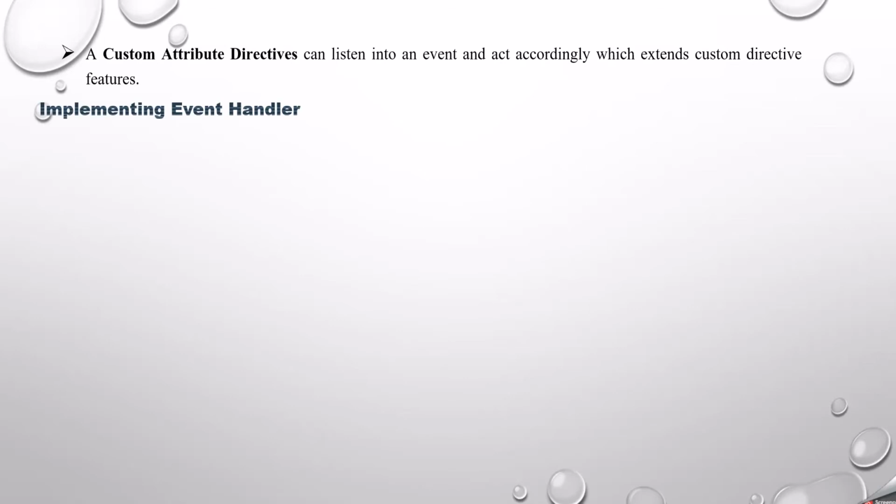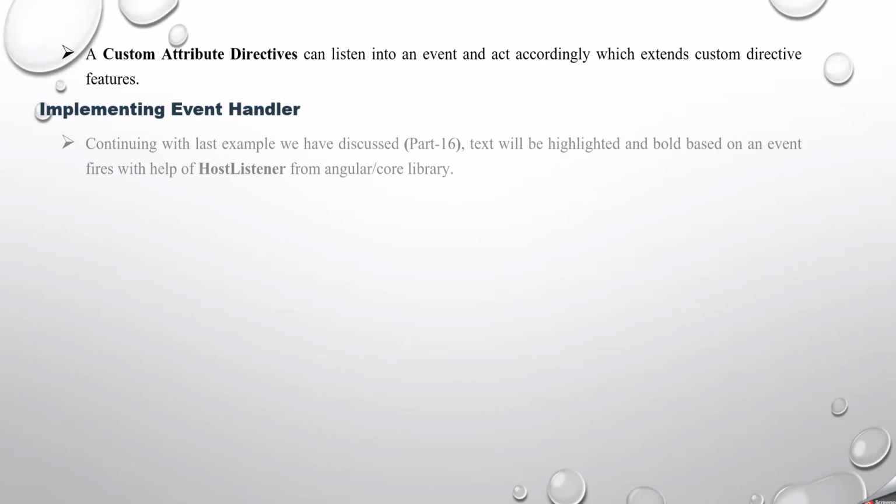Implementing an event handler, the first step: I'm just continuing with my last example. If you remember, whenever I decorated a particular element with the directive, when the page loads it was highlighted in yellow and in bold font as well.